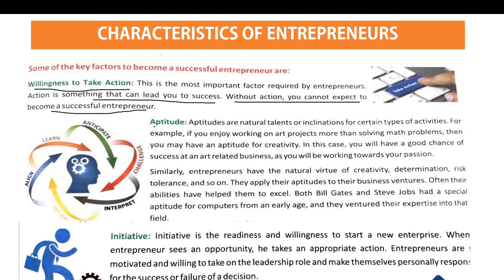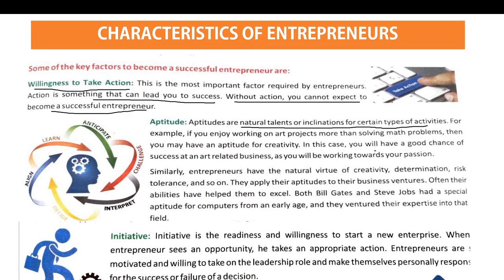Now, second is aptitude, or what we call natural talent or inclination for certain types of activities. For example, if you prefer working on art projects more than solving a maths problem, then you may have an aptitude or talent for creativity. In this case, you can take your art project to the highest level using your creativity.